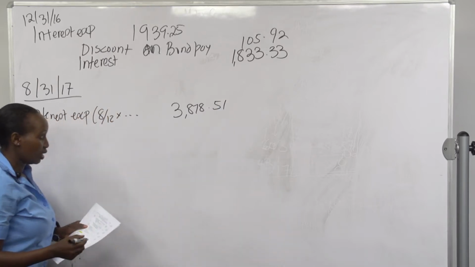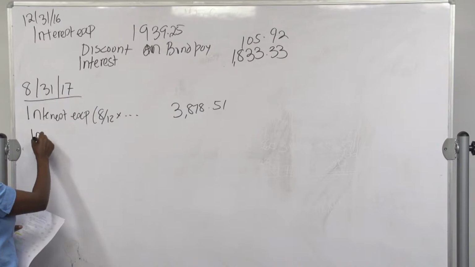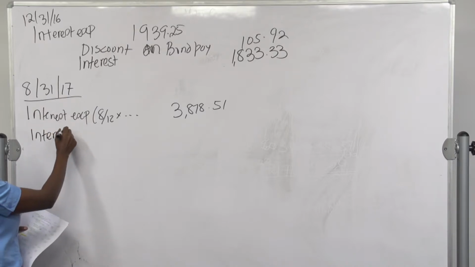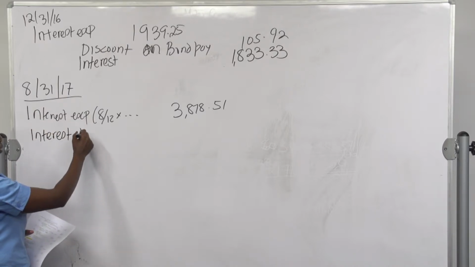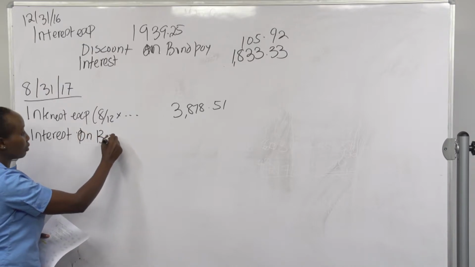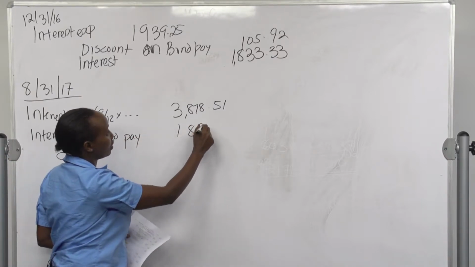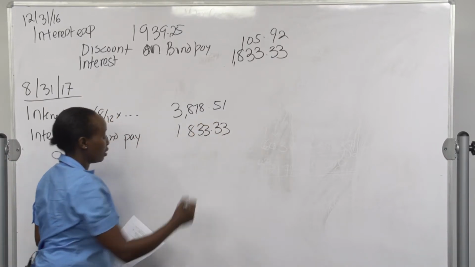The interest payable from last December, we settled that by paying it off, which means we do a debit. So interest payable, interest on bond payable. We settle the 1833.